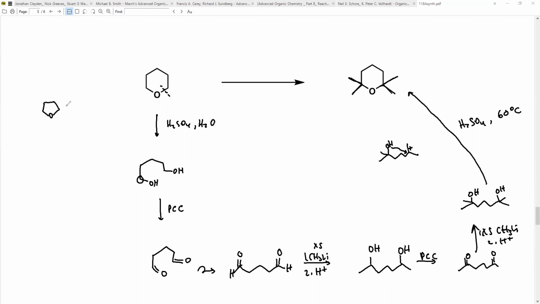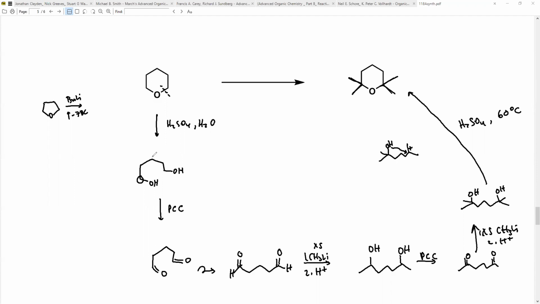THF, which looks like this, if you put it in BuLi above negative 78 degrees, which is a very low temperature, usually the combination of dry ice and acetone. Whenever we need a really low temperature in the lab, we automatically use this combination.